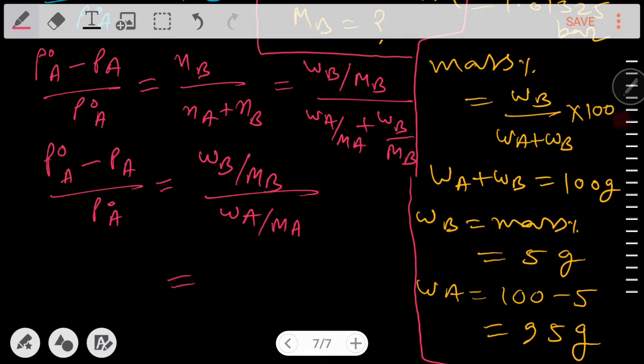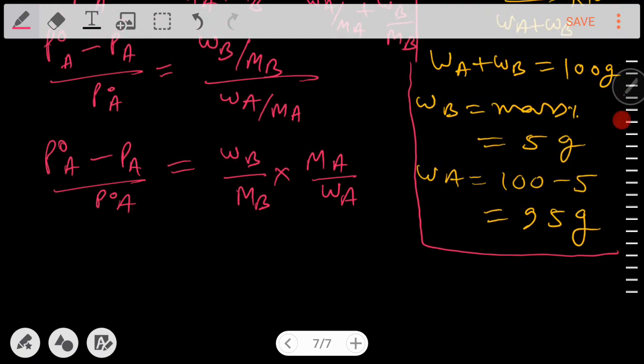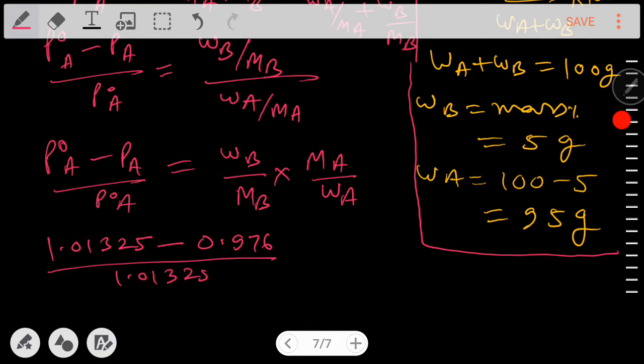On solving, it becomes WB by MB into MA upon WA, and that is equal to P naught A minus PA upon P naught A. Now put all given values and calculate the value of MB. P naught A is here 1.01325 bar, that is the atmospheric pressure, minus PA. PA is given 0.976 bar. Once again upon P naught A, 1.01325 bar.